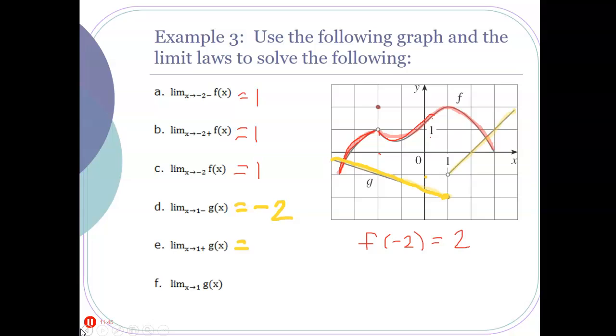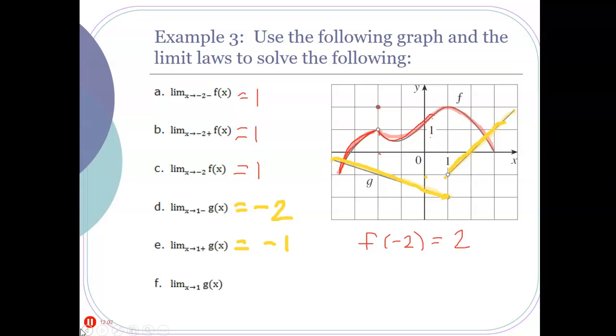From the right, g is going to negative 1. So the left-hand limit is negative 2. The right-hand limit is negative 1.